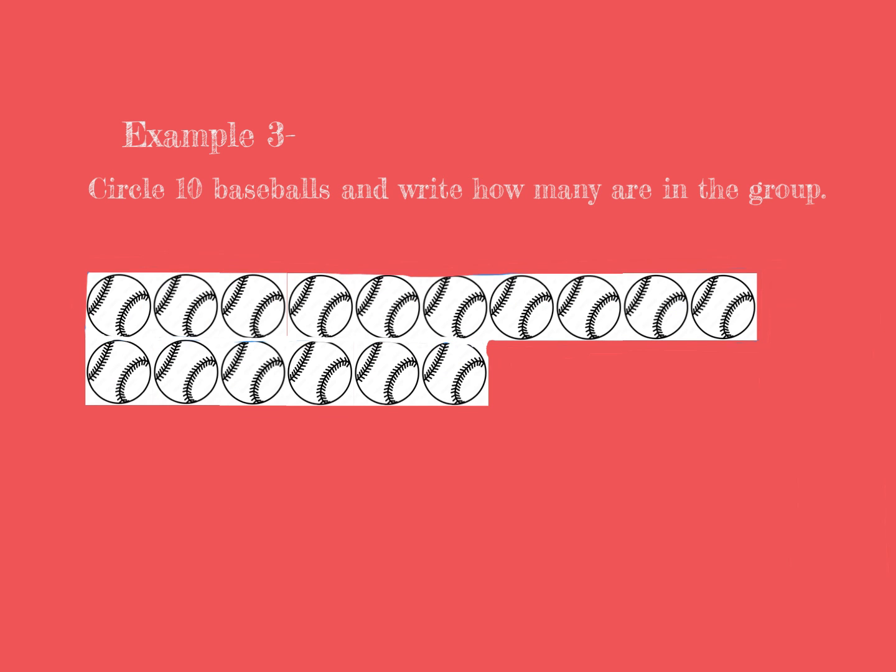Moving on to our last example, example 3. Circle 10 baseballs and write how many are in the group. First, we will start out by counting 10 baseballs and grouping them together. 1, 2, 3, 4, 5, 6, 7, 8, 9, 10.